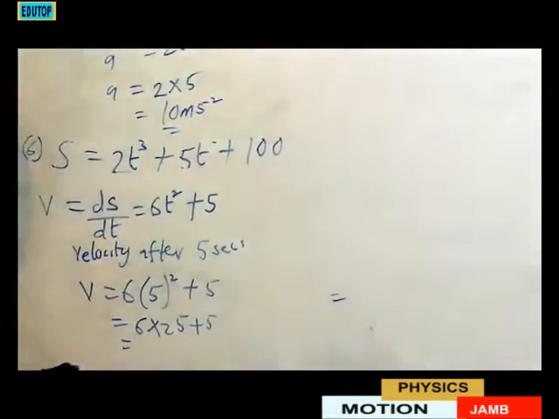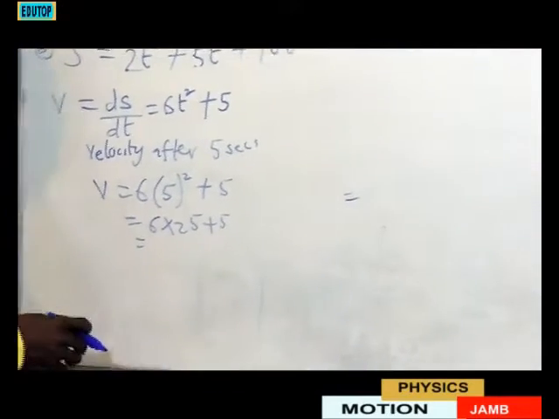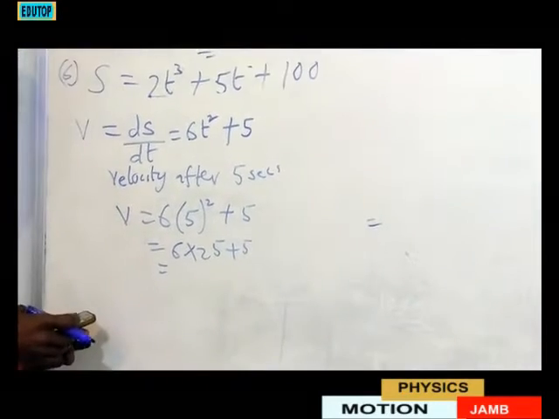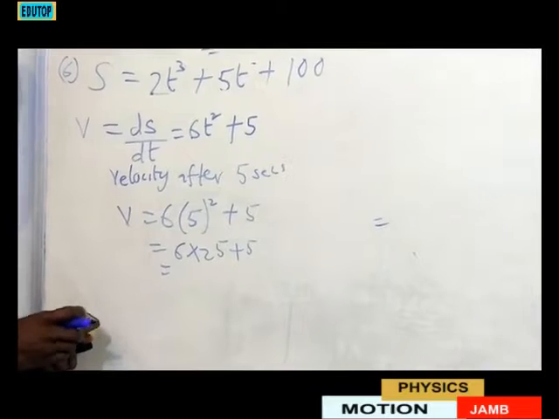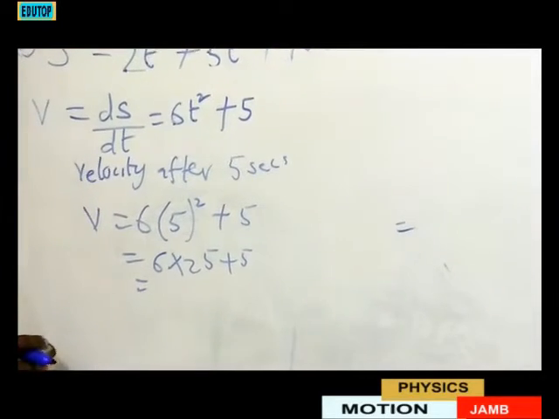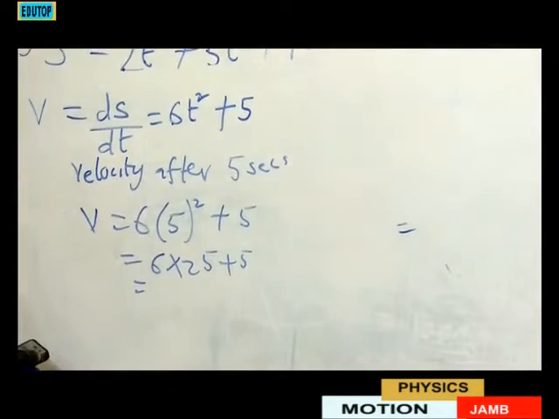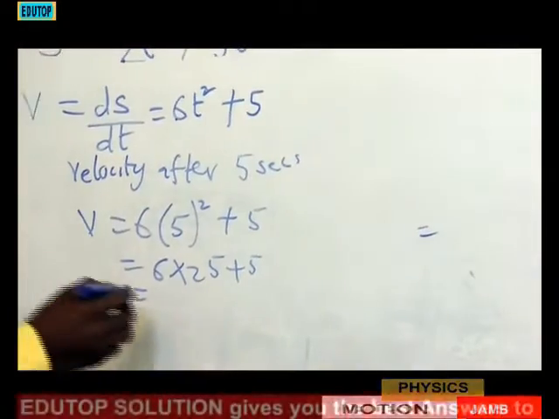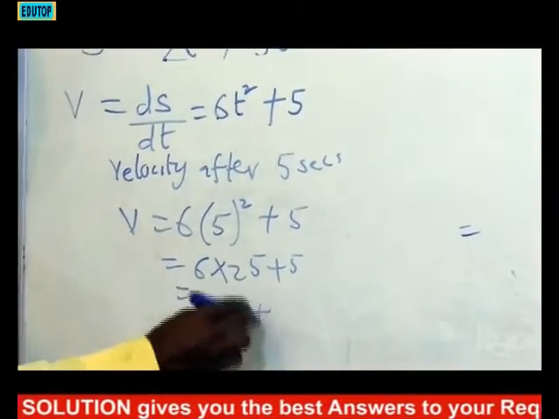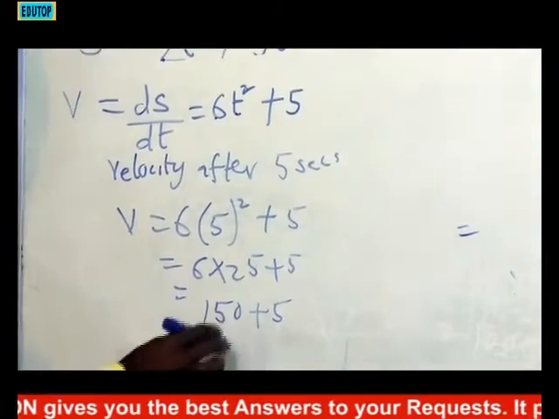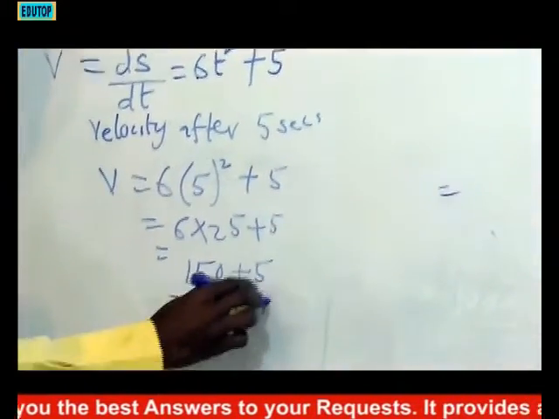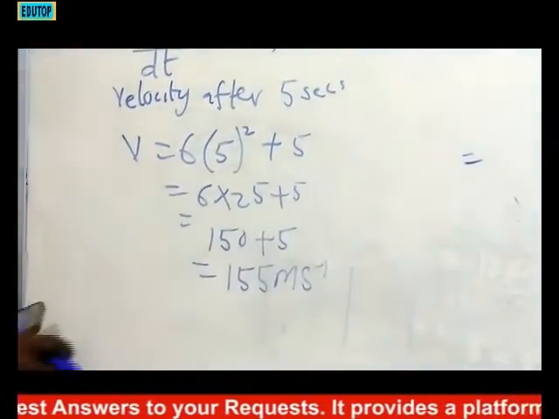And what will be the value of 6 times 25? Let's see. 6 times 25 will give us 150, plus 5. It will be 155 meter per second.